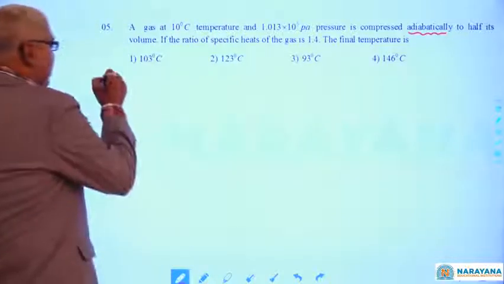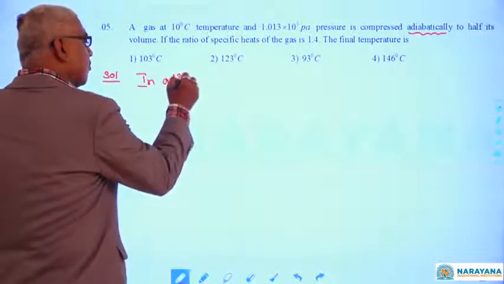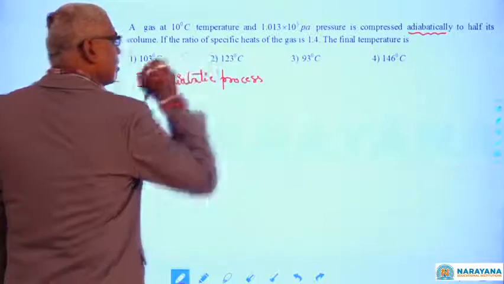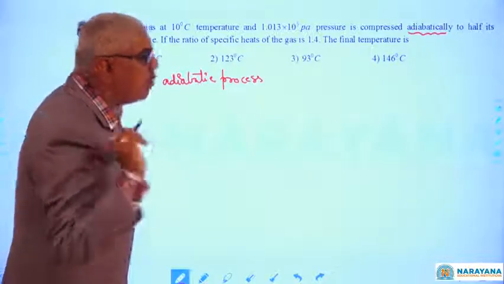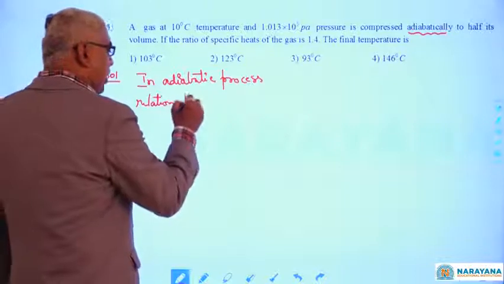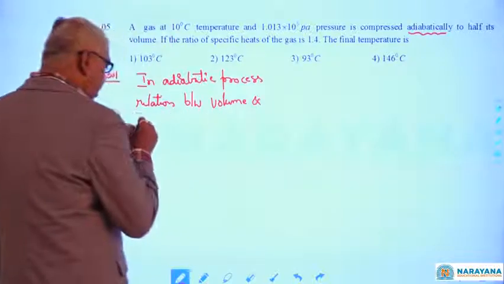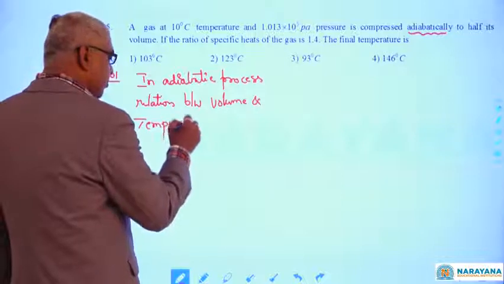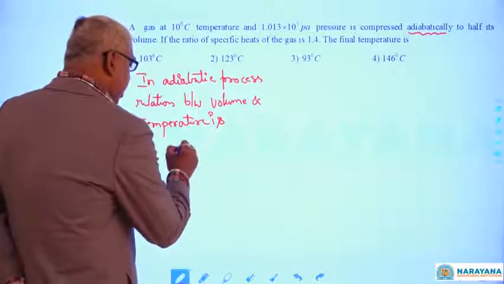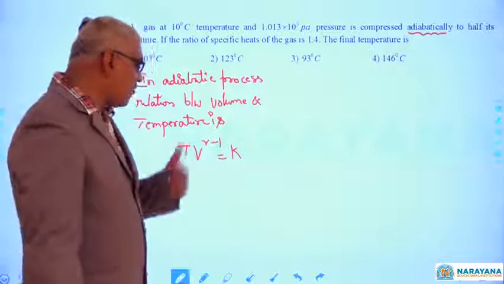In the adiabatic process, the relation between volume and temperature is TV to the power of gamma minus 1 equal to constant.